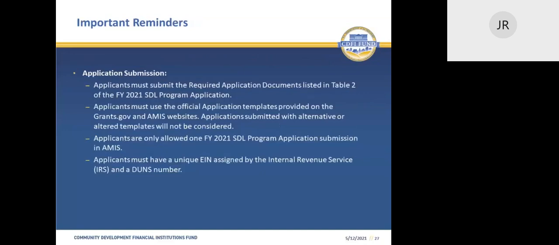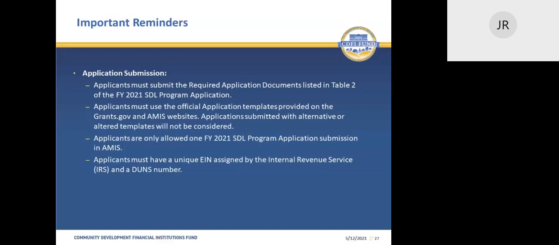Some important reminders to share with you. Applicants must submit the required application documents listed in Table 2 of the application. Applicants must use the official application templates provided on grants.gov, as well as AMIS.